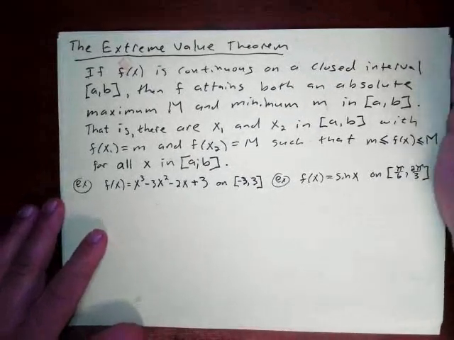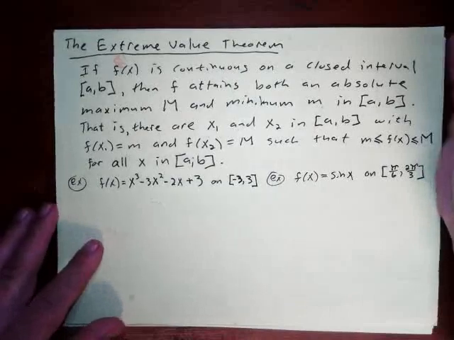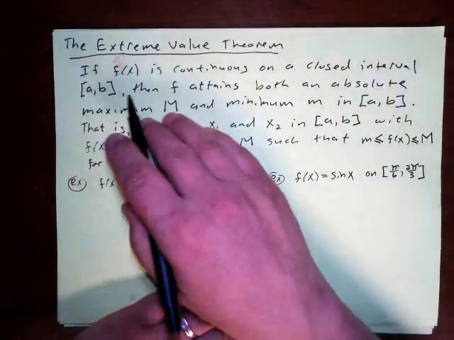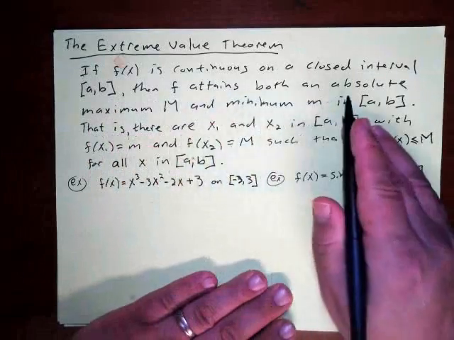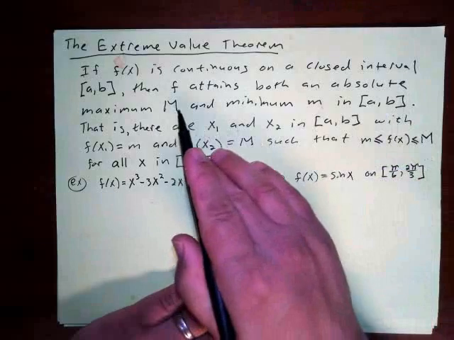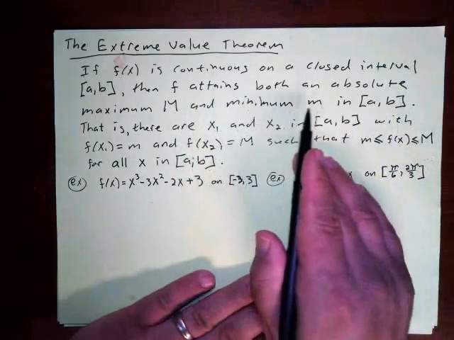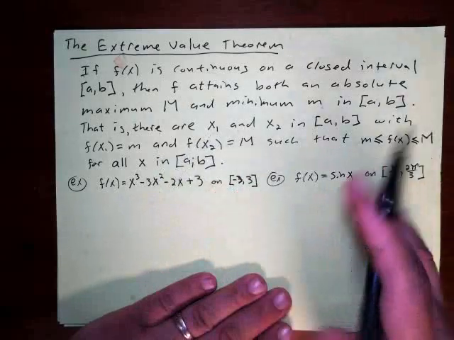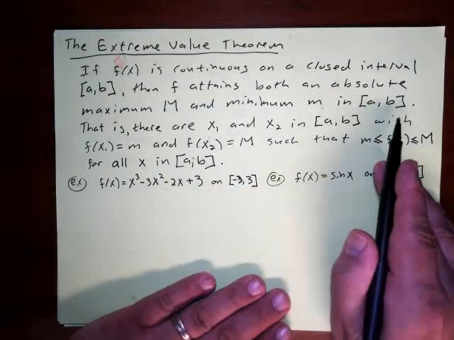Sort of like the intermediate value theorem, and I think it's probably based on the intermediate value theorem. But basically it says if a function is continuous on a closed interval [a, b], so it has to be continuous, then f is going to attain both an absolute min and an absolute maximum on the closed interval.